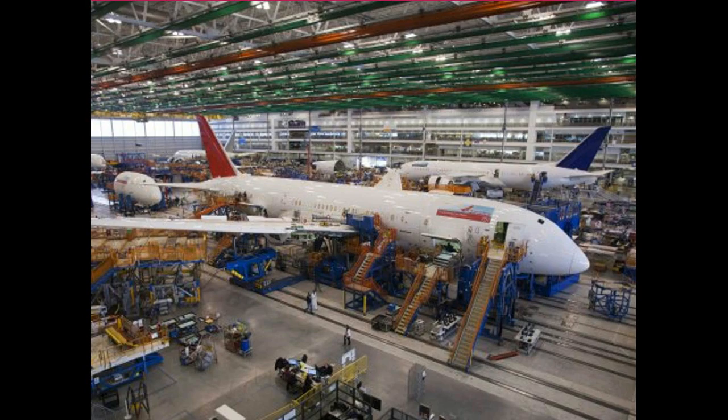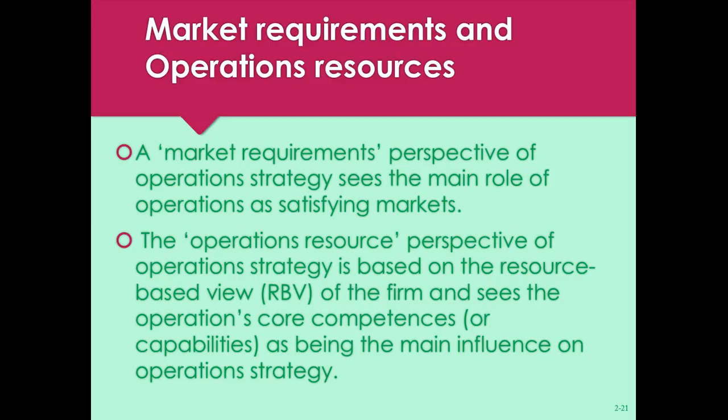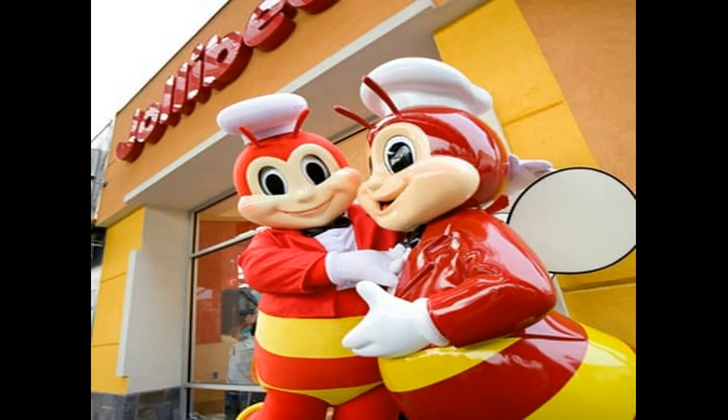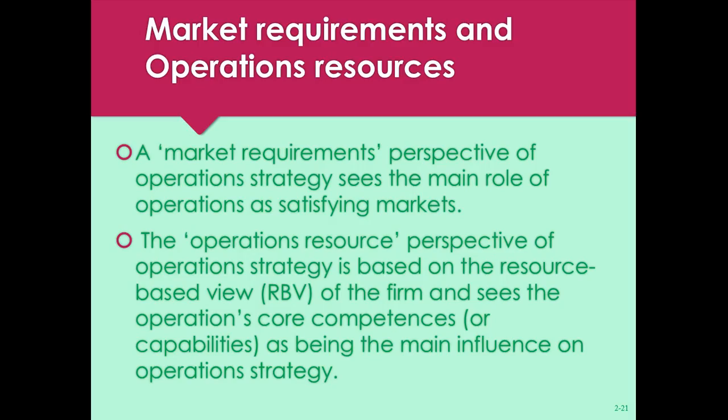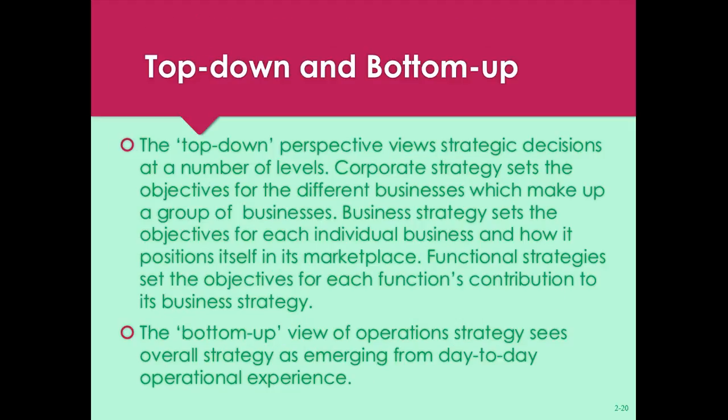So now from there on we will see the rest of the slides. I will just try to explain. These are simple things you must have studied yourself in the book, but I'll just make it clear to you. So market requirements and operations resources, top down and bottom up.